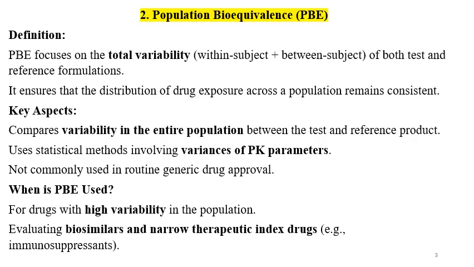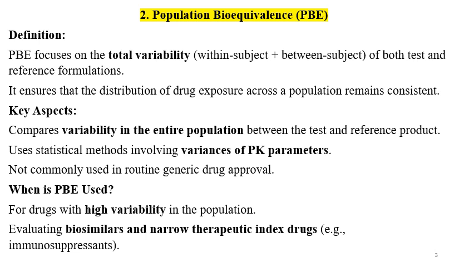Now let's move to the another important study or type of bioequivalence, that is population bioequivalence or PBE. Definition of PBE is it focuses on the total variability. As we saw, average bioequivalence doesn't focus on the variability, but population bioequivalence focuses on the total variability.